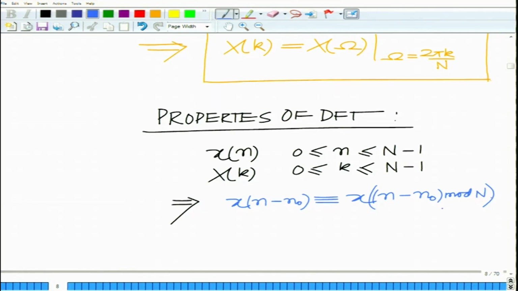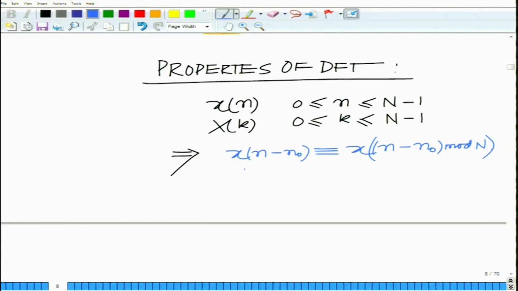For instance, let us say we have n equal to 1 and capital N equal to 4.